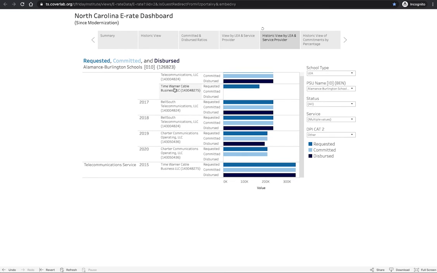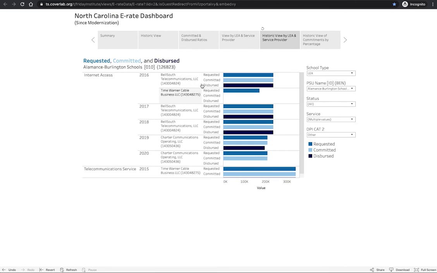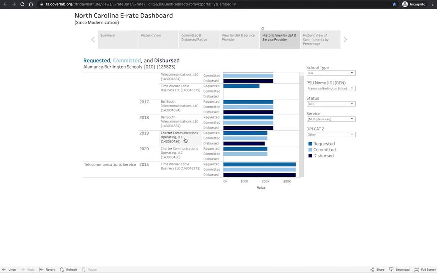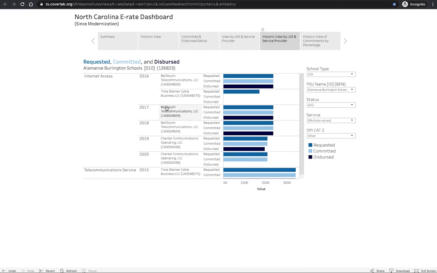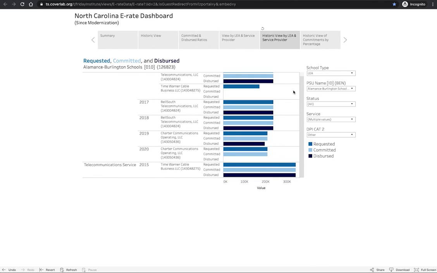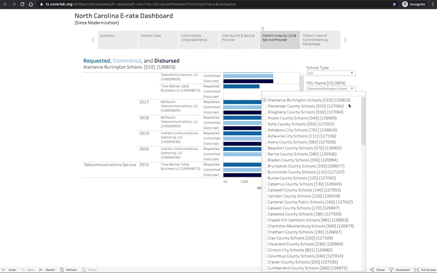Also, I guess there was some reason they had switched between Bell South and Charter. Alamance County has, Burlington is a fairly populous suburban area with good competition. So that's indicative of good competition.